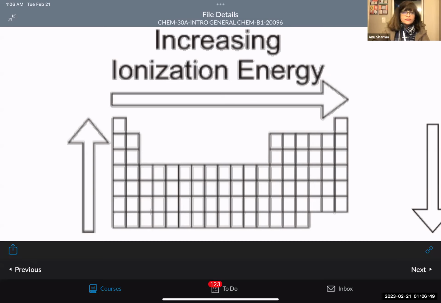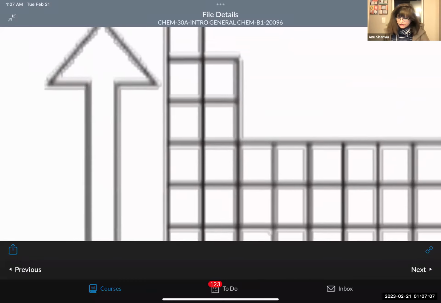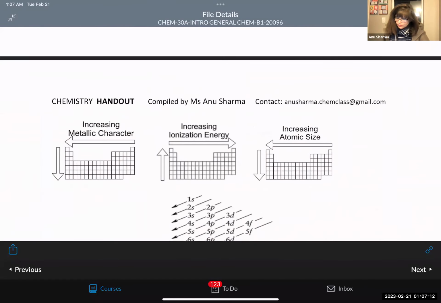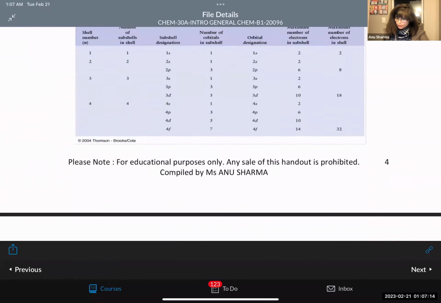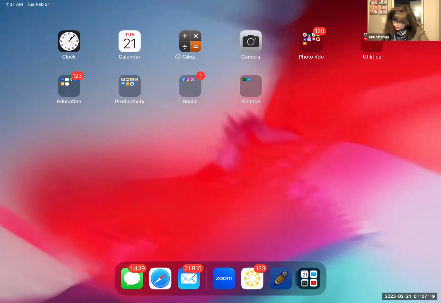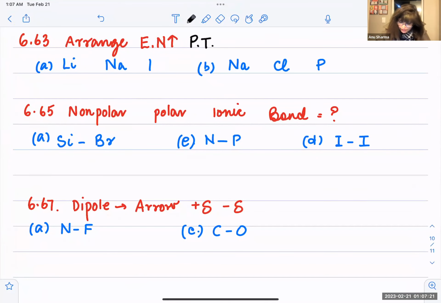Okay, so the question is to describe the trends in electronegativity, as it increases or decreases when you move. So which one did I take? Lithium, sodium, potassium. Lithium, sodium, potassium are in group 1A. When they are in group 1A in the periodic table, they go down.